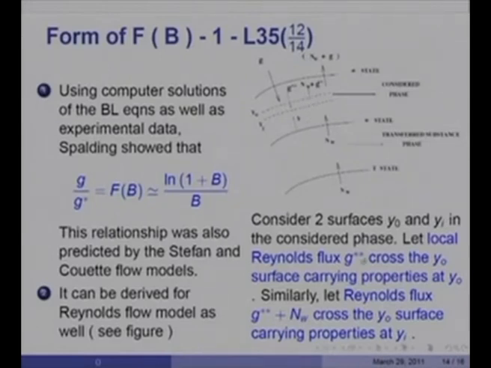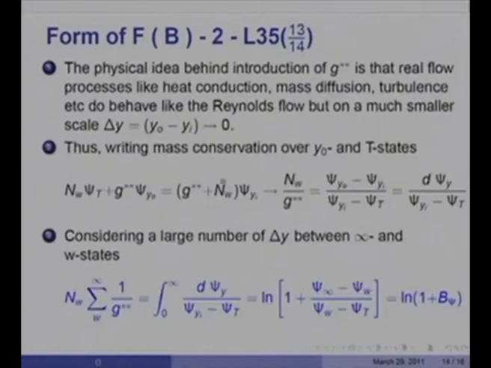So G star star crosses the YO surface carrying properties of the YO surface, and similarly the Reynolds flux G star star plus NW crosses the YO surface carrying with it properties of the YI surface. The physical idea behind introduction of G star star is that the real flow processes like heat conduction, mass diffusion, turbulence, etc. do behave like the Reynolds flow, but on a much smaller scale, delta Y, YO minus YI tending to 0.